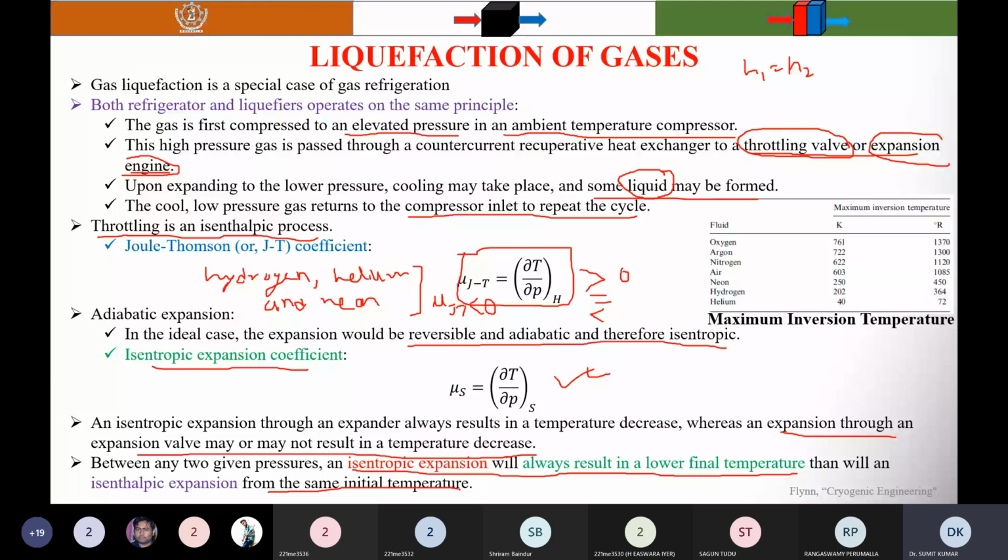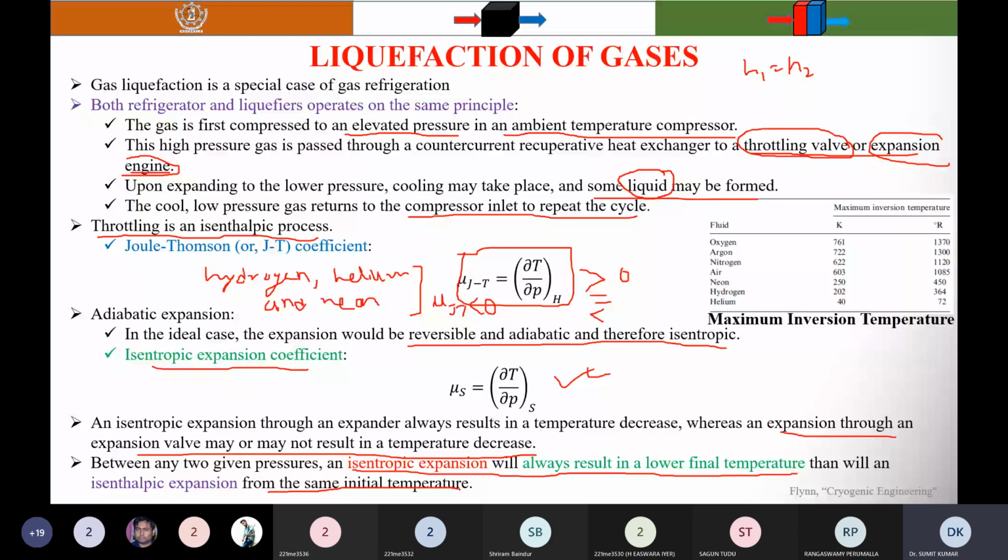But till now no expansion engine has been developed which uses liquid. So that's why we generally use the Joule-Thomson coefficient.